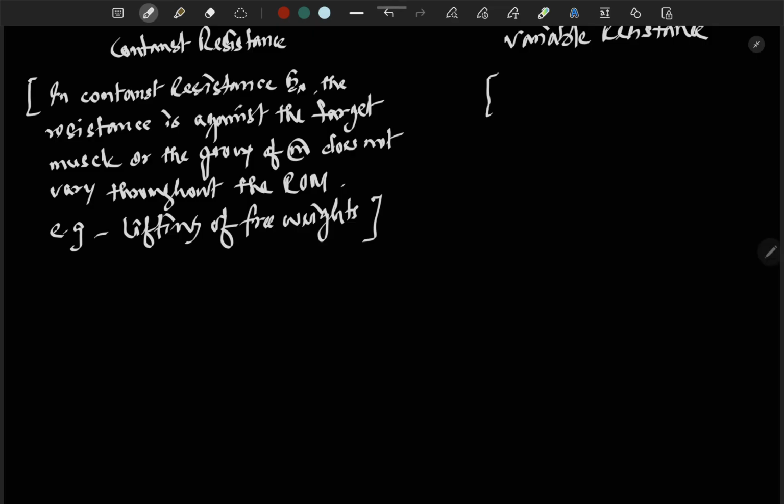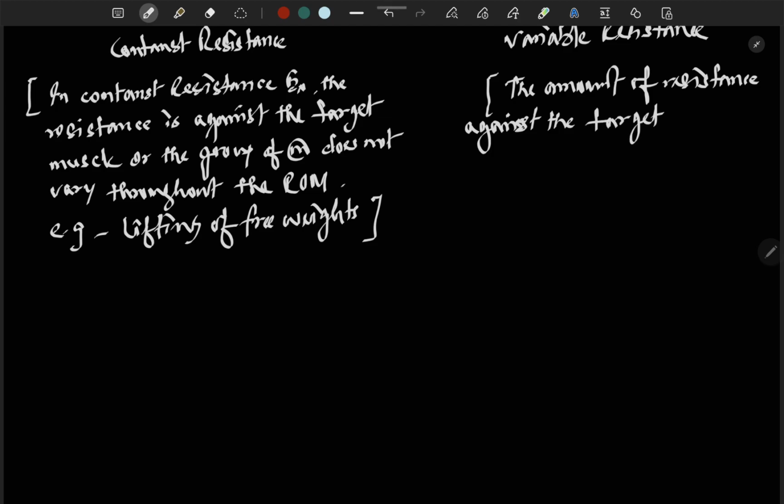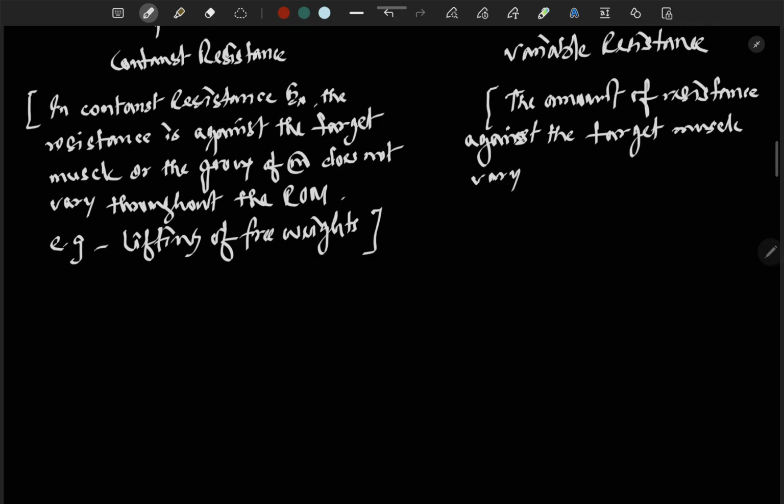In variable resistance exercise, the amount of resistance against the target muscle varies throughout the range of motion.